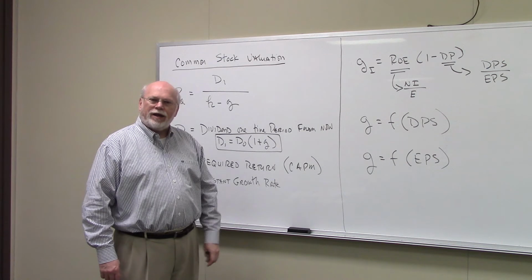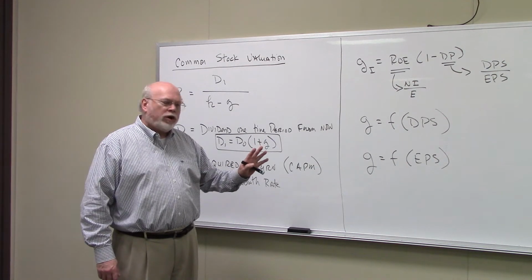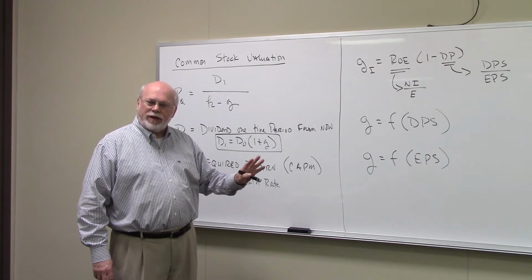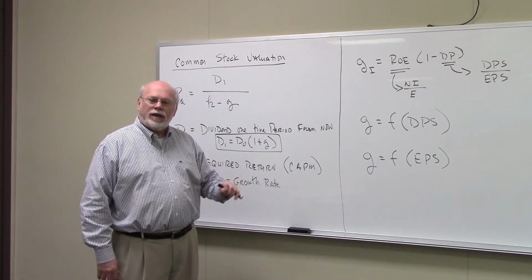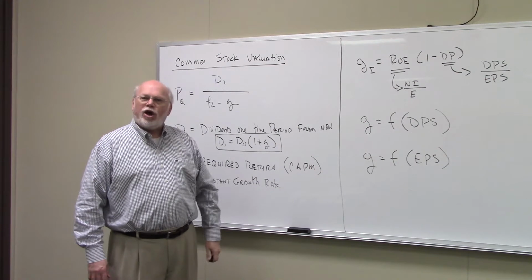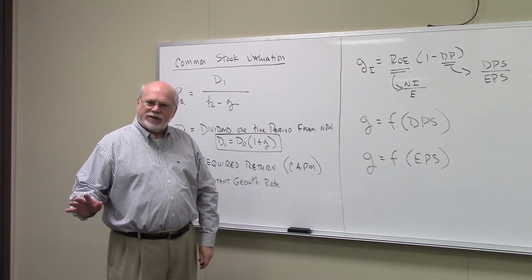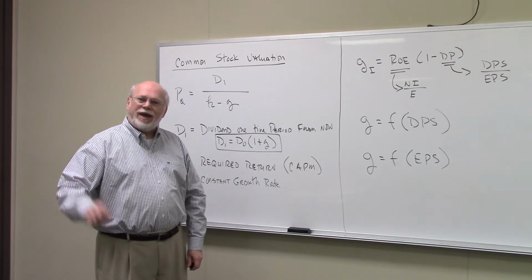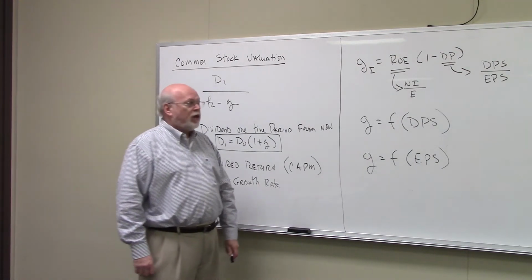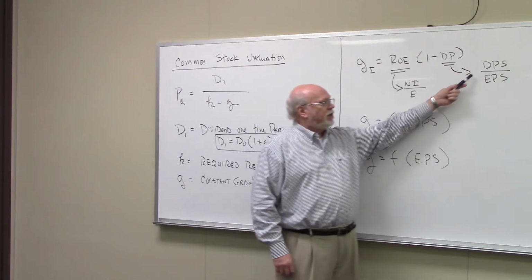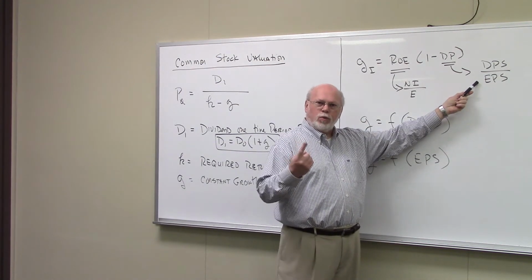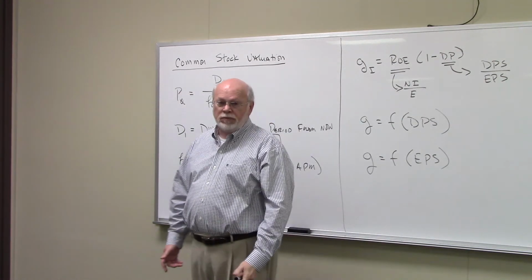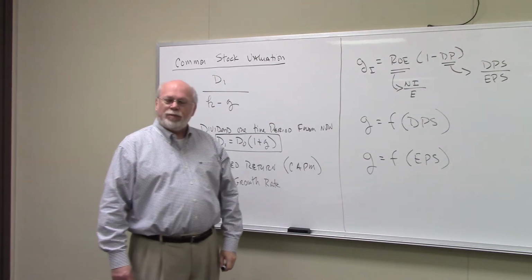Return on equity is a measure of the company's earnings, we'll use net income here, divided by the equity of the company. That's ROE. If a company paid out all of its earnings in dividends, say they earned $10 per share and they paid dividends of $10 a share, that means dividends per share divided by earnings per share would be 1, and 1 minus 1 would be 0. 0 times anything is going to be 0.